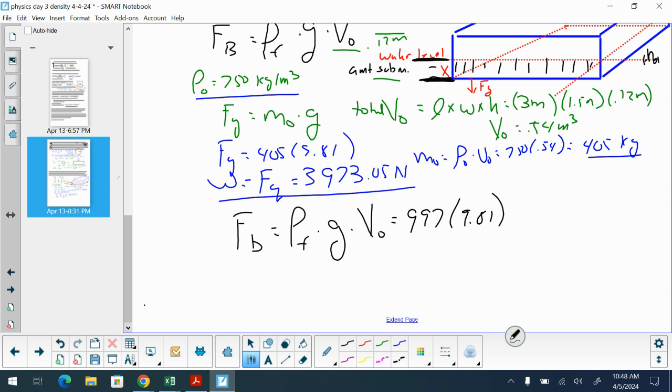So my volume of the object submerged, I can still do length and width, but my height is just now X. So my volume of the object submerged is equal to our length still of 3 times our width, which is 1.5.